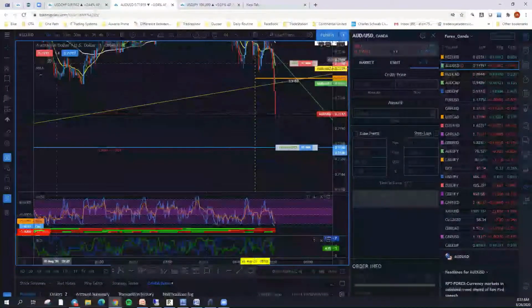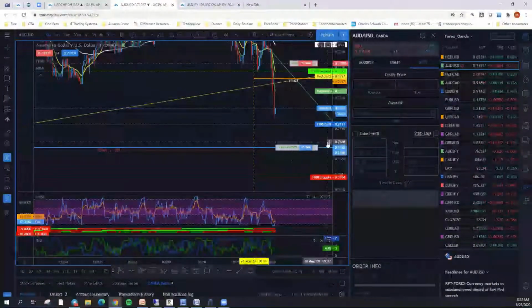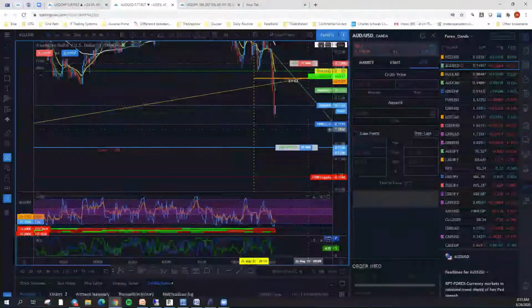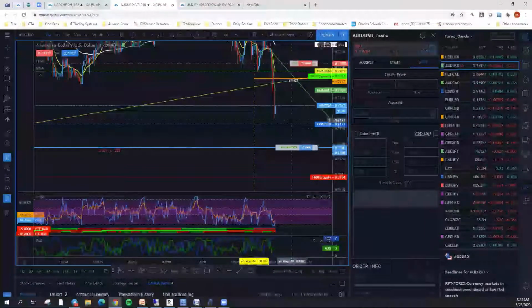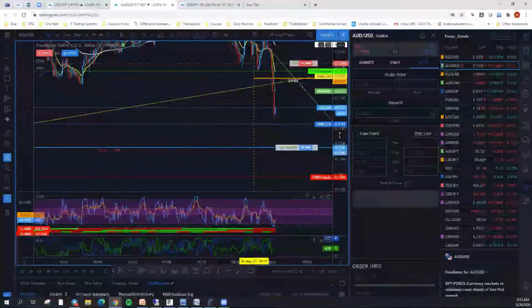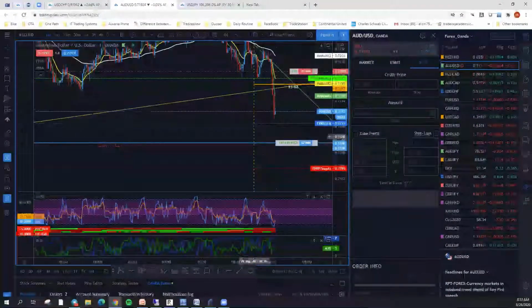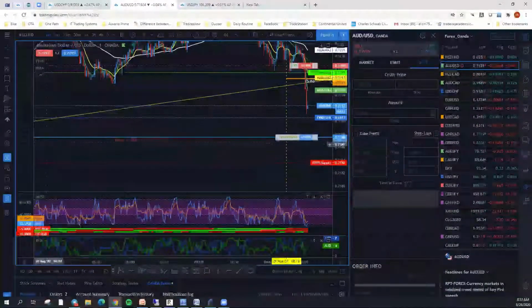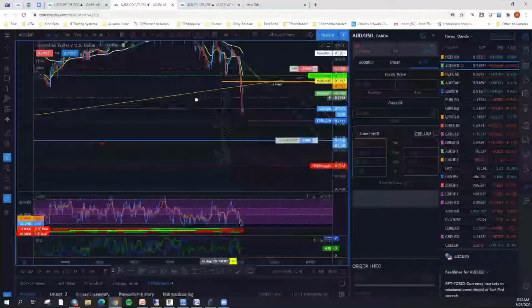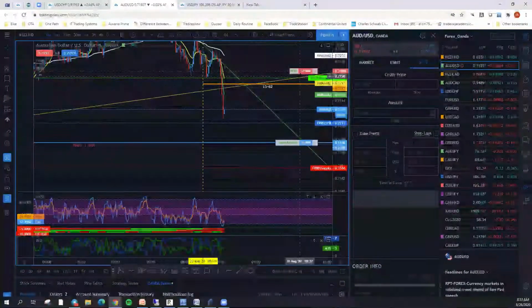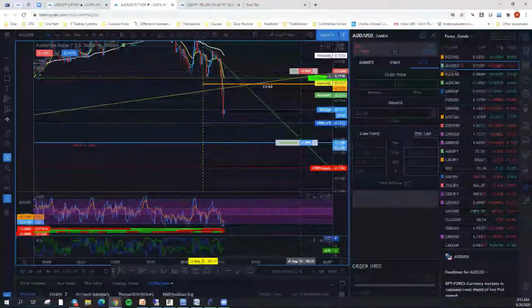See where my fib line is. Nice little move down. Let's see if it's going to come by and retest this pivot down here. Let's see the cat's moving to the upside.